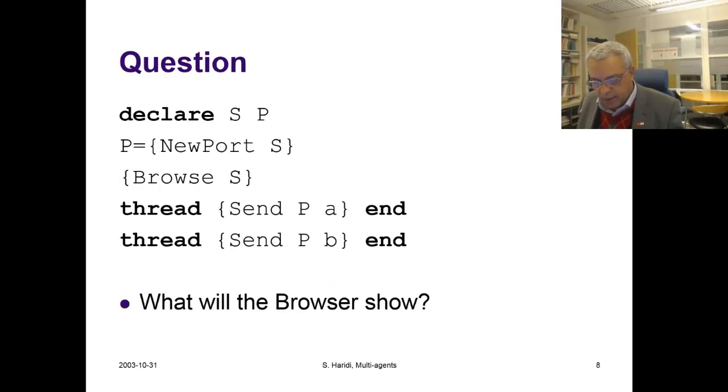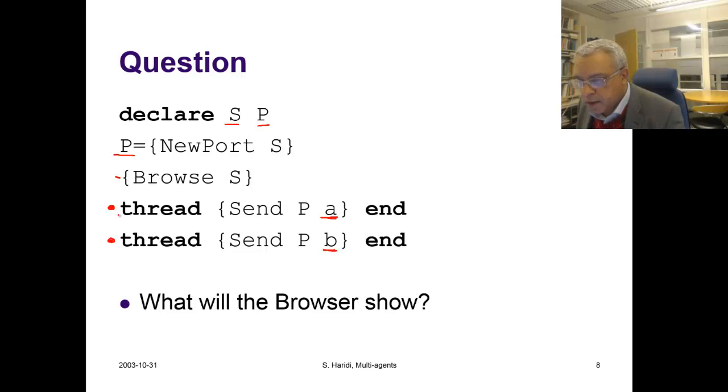Now the question comes as follows. Assume we declare a port here, and we browse that port, as you can see at this point, and then we create two threads. The first thread will send on the port the message A, and the second thread will send on the port the message B. So the question is, what will the browser show? Here is an example of, in fact, non-determinism.